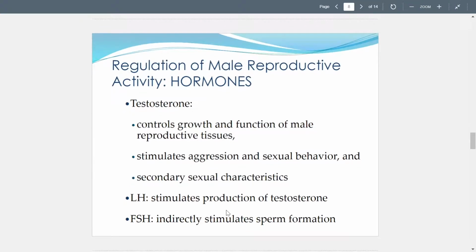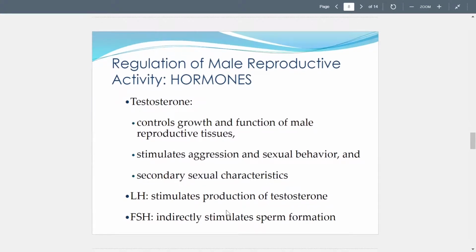And in males, the LH stimulates production of testosterone, and FSH indirectly stimulates sperm formation. You'll see later that LH and FSH are in women too, but they have different functions.